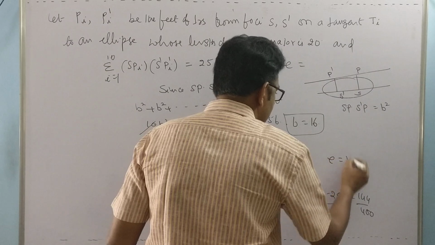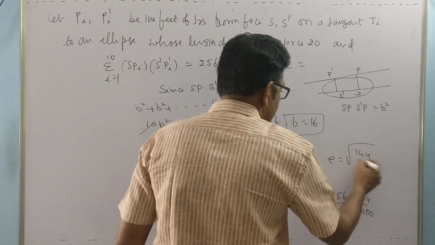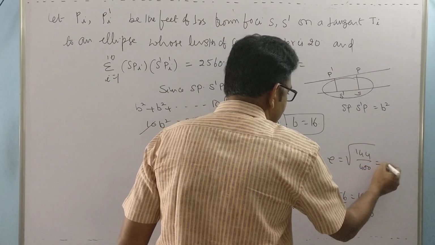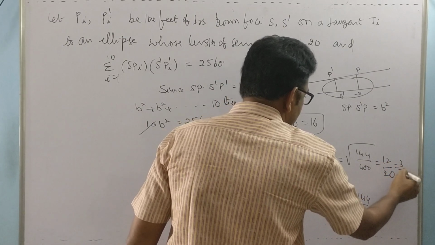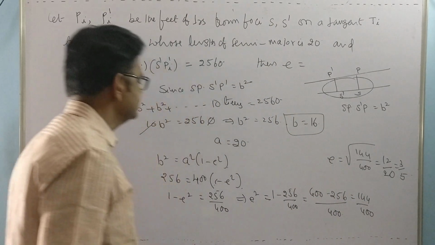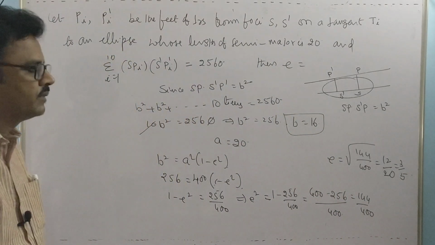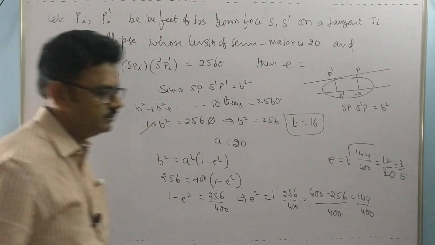Therefore e is equal to root of 144 by 400, that is equal to 12 by 20, that is equal to 3 by 5. So this is the eccentricity, e equal to 3 by 5.